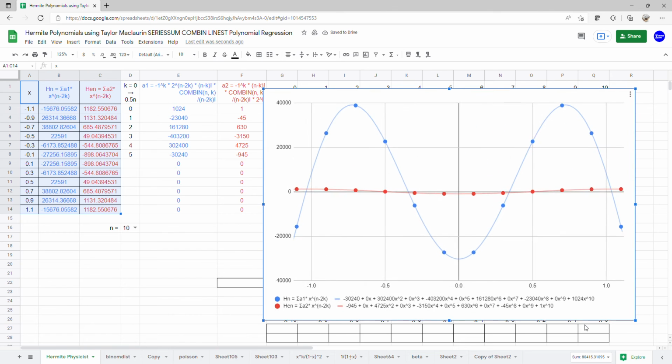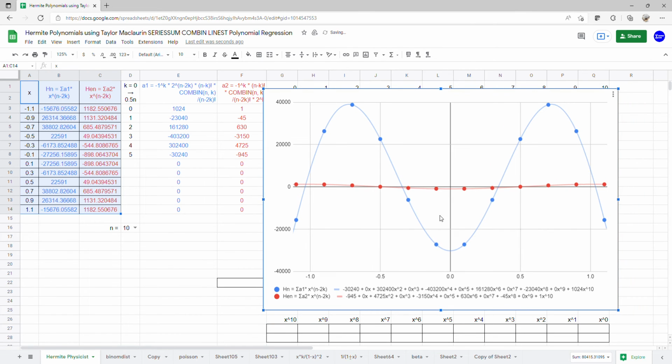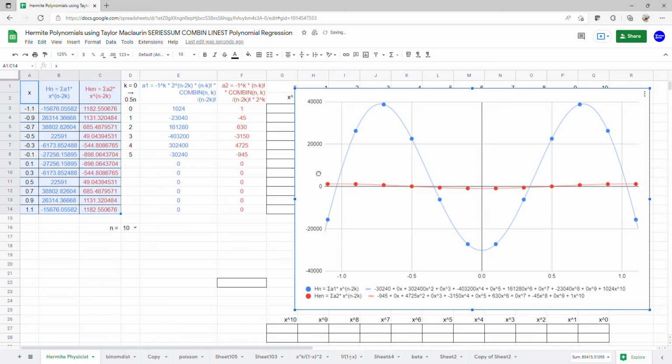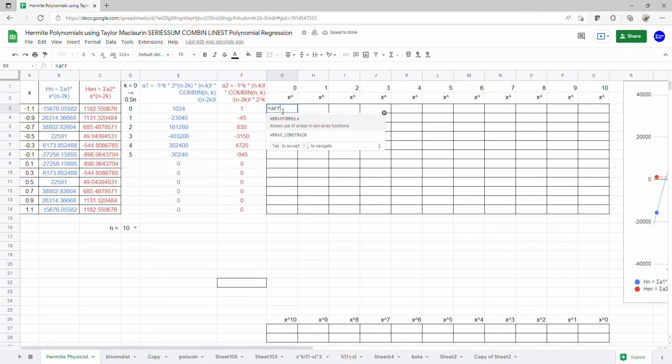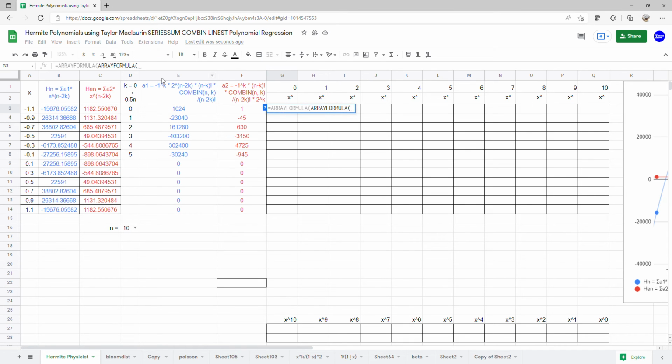We calculate this polynomial regression coefficient using LINEST. To do that, we complete the LINEST matrix, starting with the elements of the matrix. So, array formula of the x values raised to the power 0 to 10.